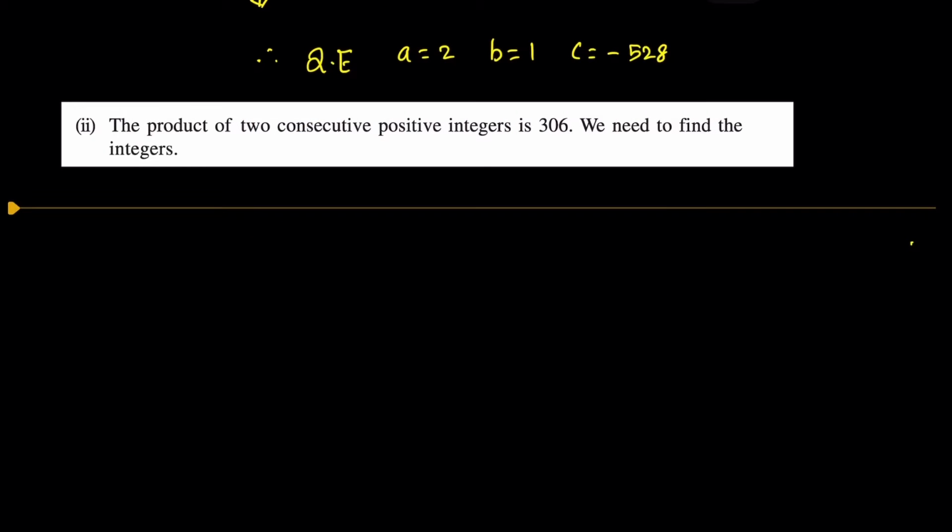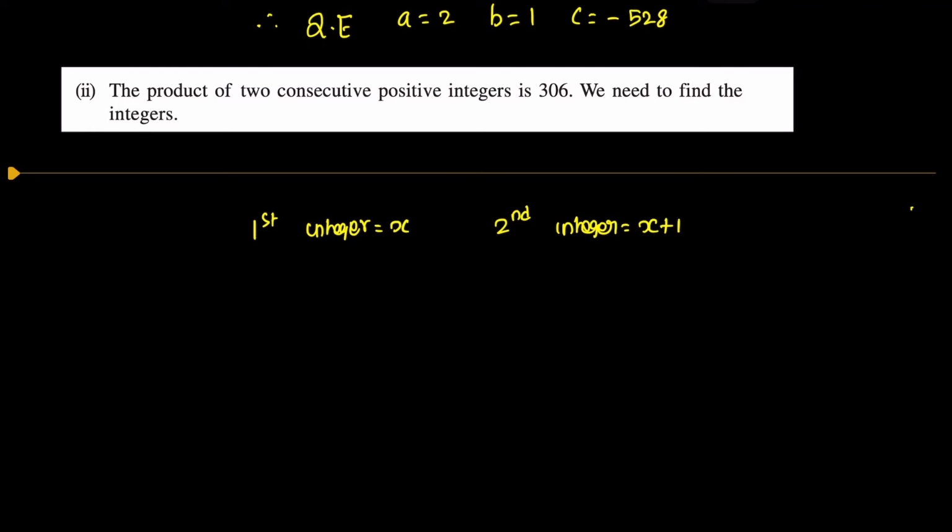Question number 2. The product of two consecutive positive integers is 306. We need to find the integers. So assume the first integer is x and the second one is x plus 1, the reason being they are consecutive.